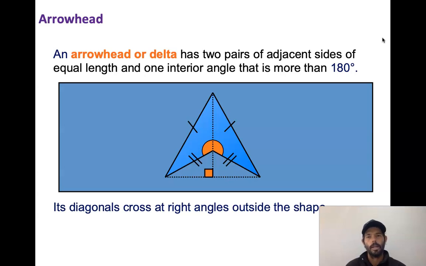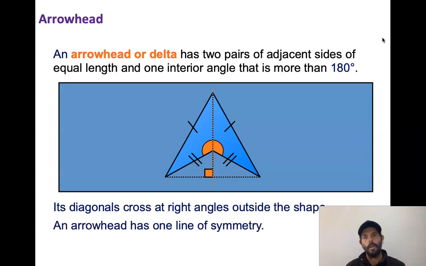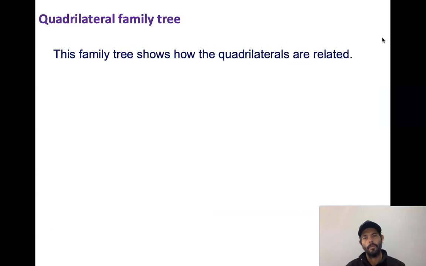And interestingly enough, it still has diagonals. However, the horizontal diagonal is outside of the shape, but that horizontal diagonal and the vertical diagonal, they do cross at right angles. Again, notice the word cross and not bisect. When they bisect, they cut each other in half. And one line of symmetry.